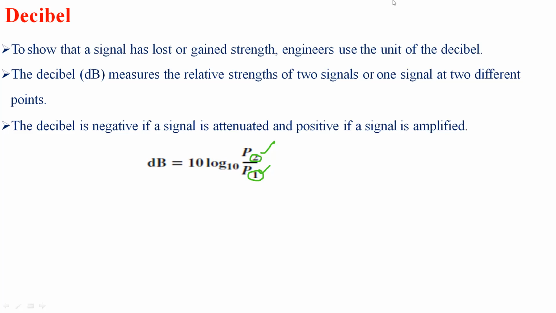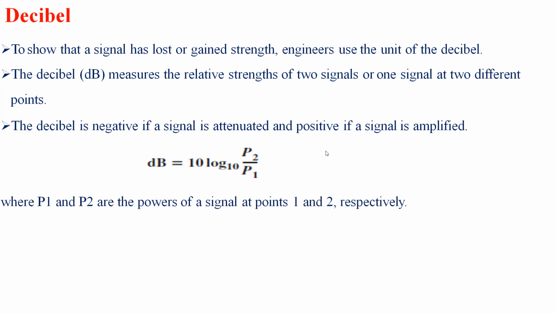Here P1 and P2 are the powers of a signal at points 1 and 2 respectively.